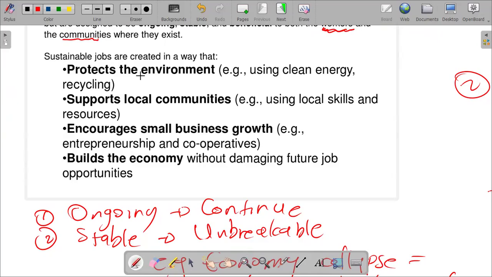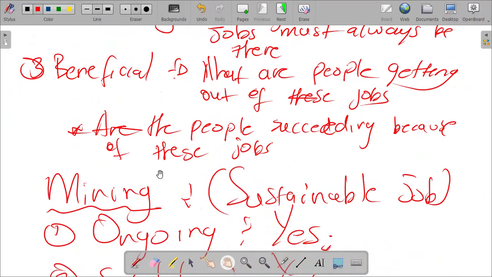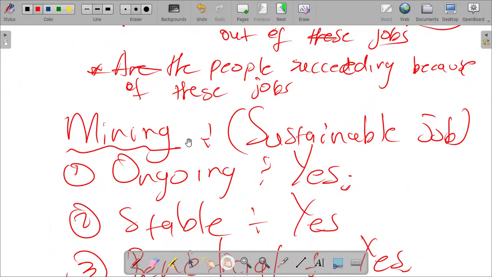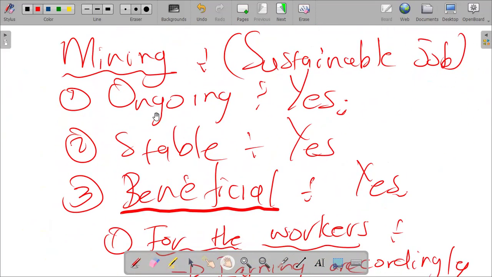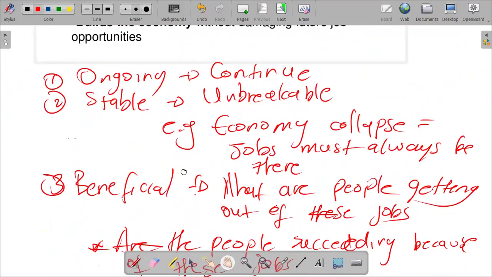So sustainable jobs are created in a way that, one, protects the environment. So even if, looking back at our example, mining, the government wouldn't allow a business just to come and extract gold without taking into consideration, firstly, the health of the workers, the health of the community, the pollution, and the things that will happen. So there are extra precautions within that particular job.